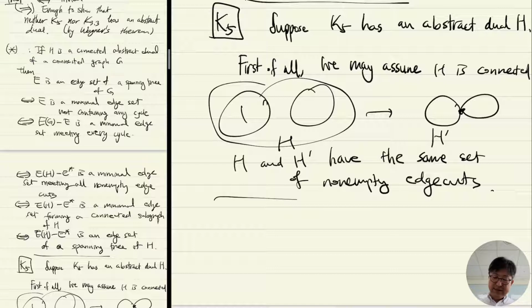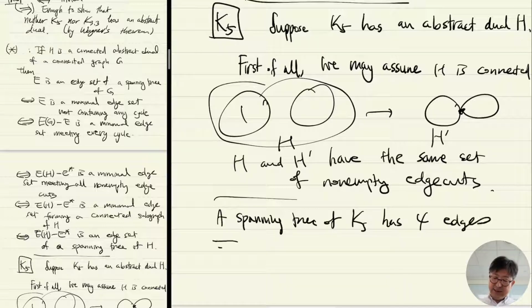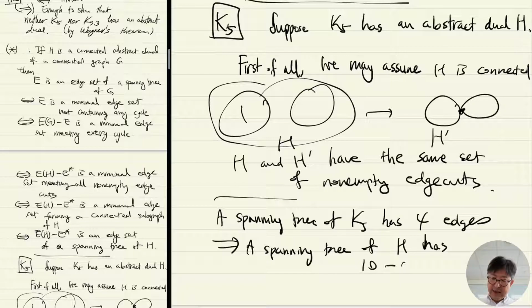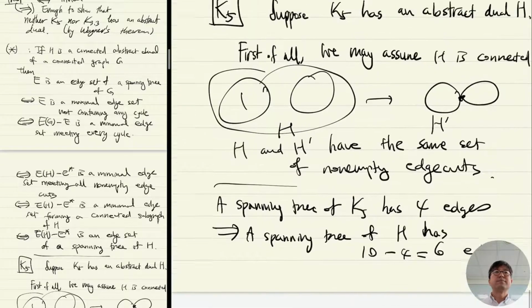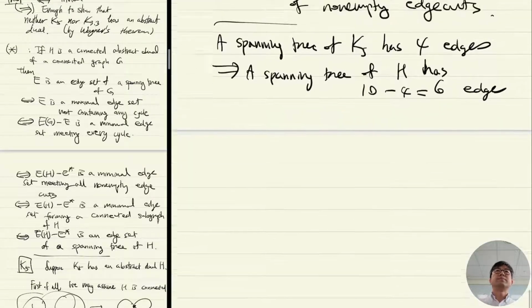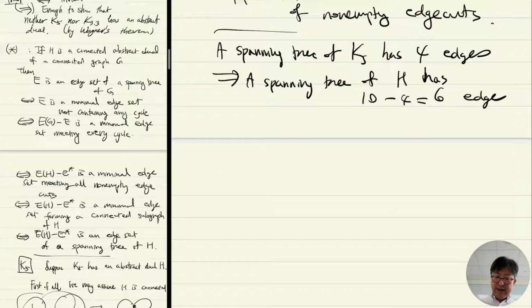Now, that means if F is a spanning tree of K5, I know that it has 4 edges. A spanning tree of H has 10 minus 4 edges. 10 is the number of edges of K5, so it's 6 edges. How many vertices do I have? 6 plus 1.